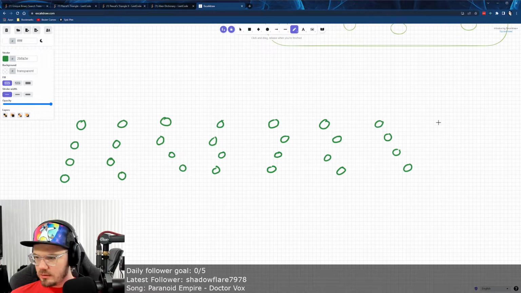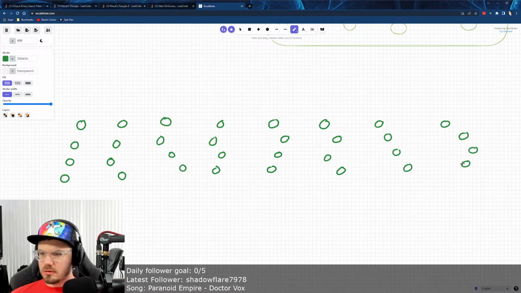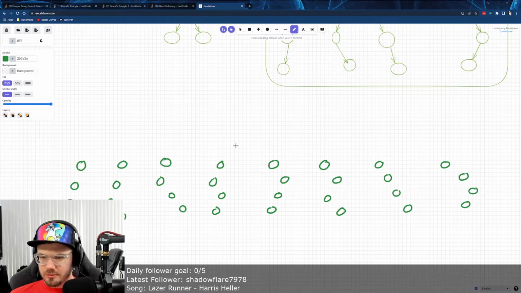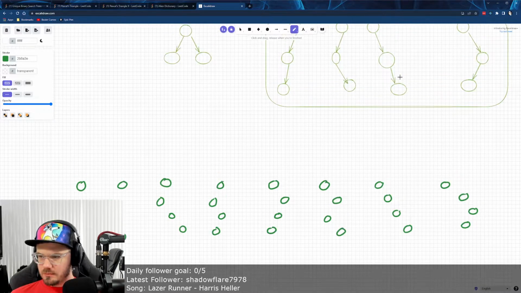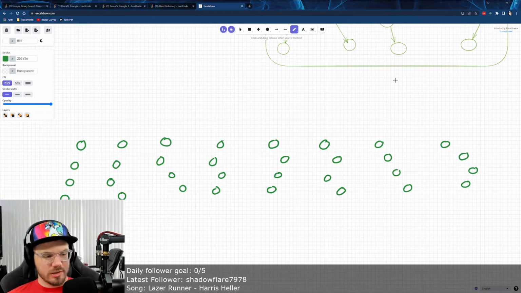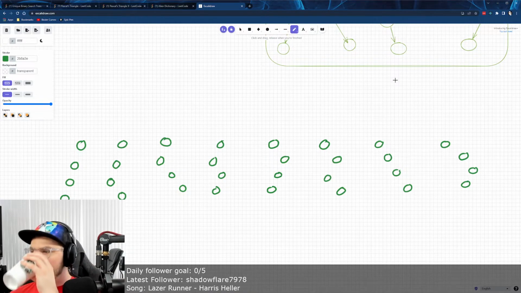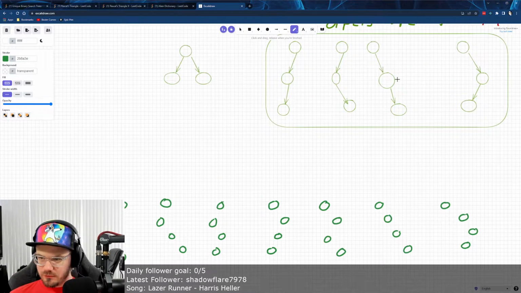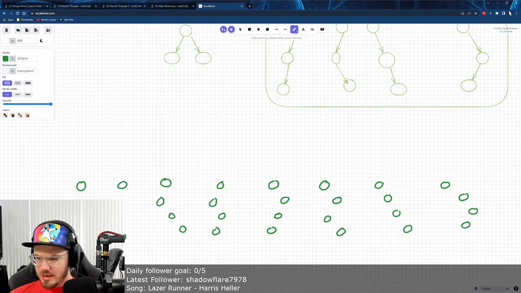And then you've got this. So that's your dp of I is at least dp of I minus 1 times 2. You add a new node and you take everything from the previous, and you just make it the left and the right child of the new node. So we know dp of 4 is at least 8.